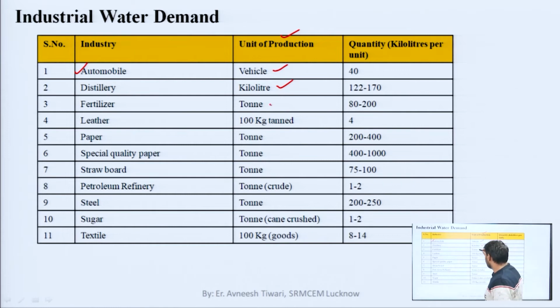For fertilizer, the production will be in tons. So these are the units in which the industries are producing. Talking about the automobile industry, the amount required is 40, and that is kiloliters per unit.